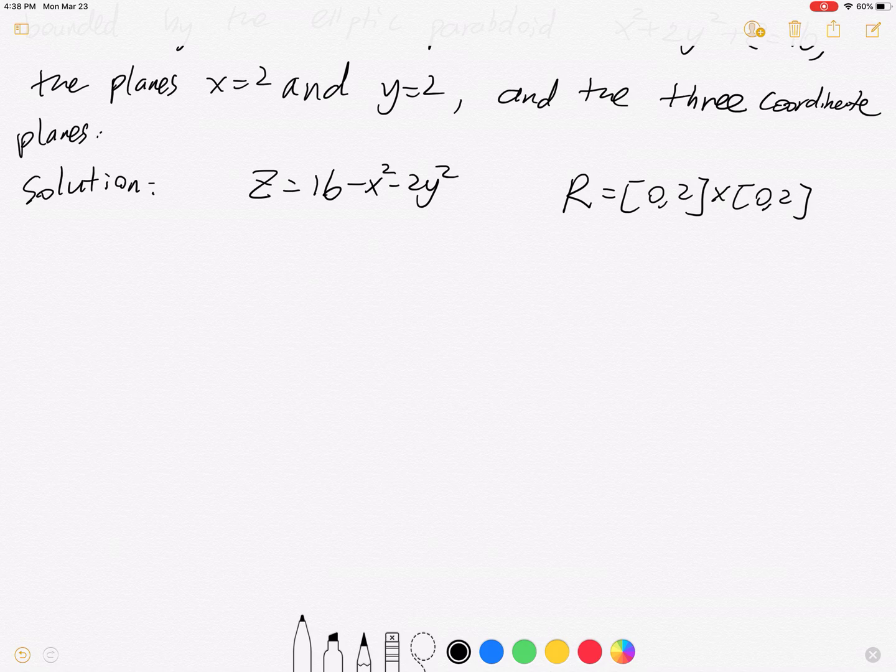If we draw x, y, z axes, the graph probably looks like this. Sorry about my bad drawing.